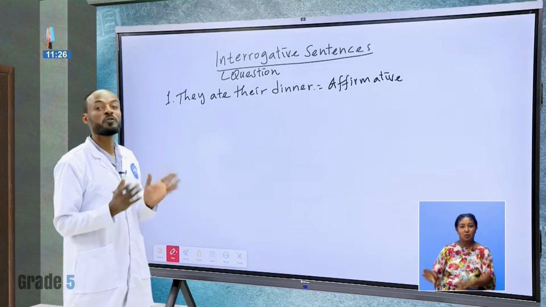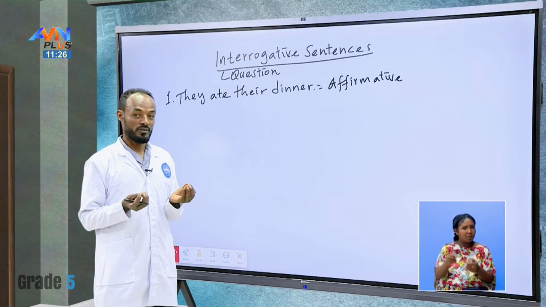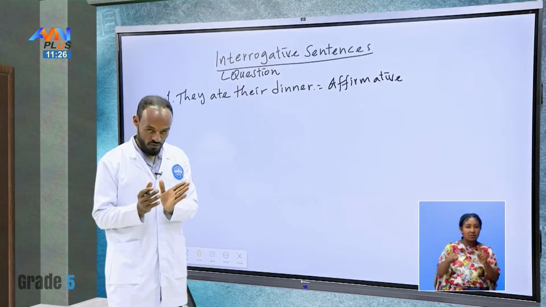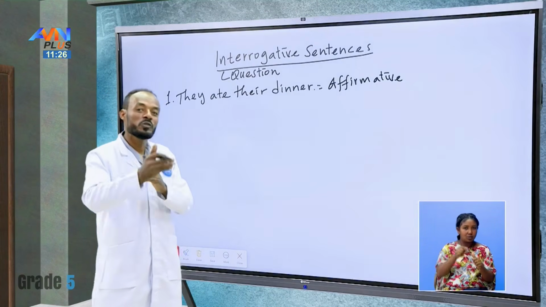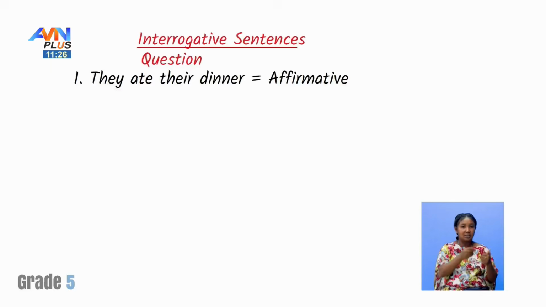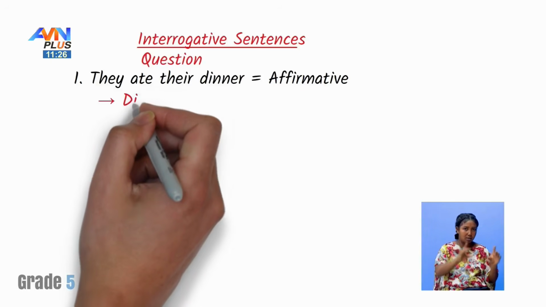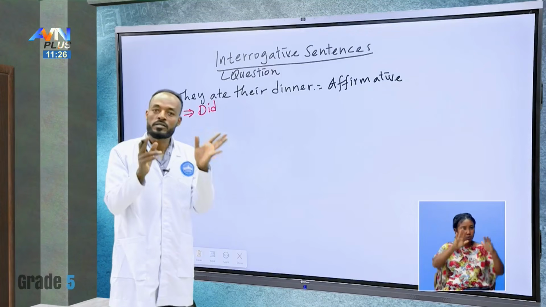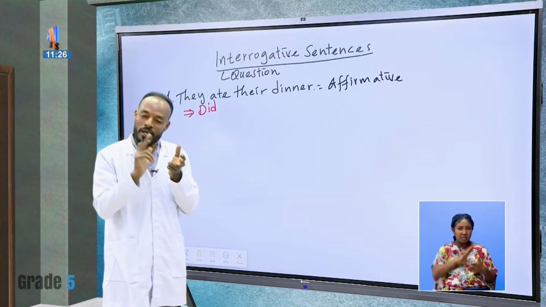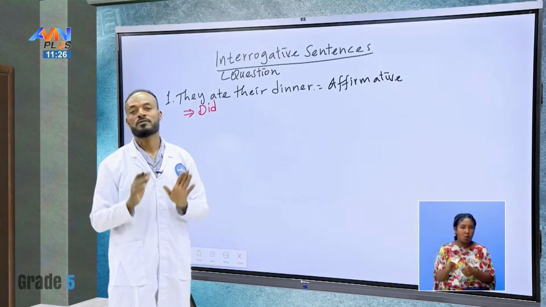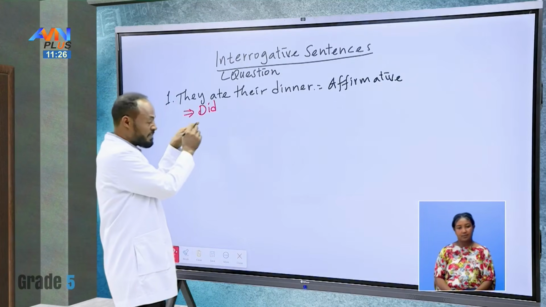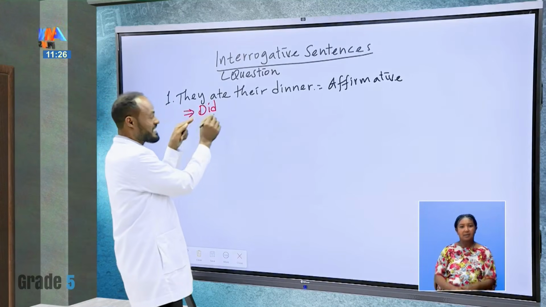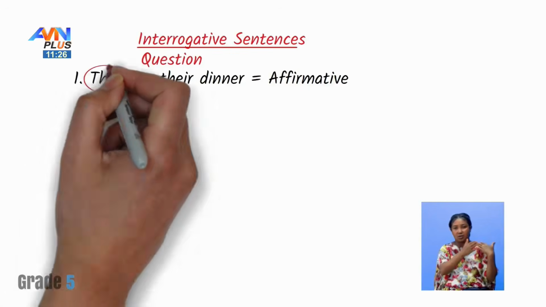Students, please bear in your mind. It's very simple, okay? If you want to change this affirmative into question form, first of all, you have to start from did. Don't worry about the subject. The subject can be third person, first person or second person. By any means, you have to start from did. Is it clear? So did, then the subject here.